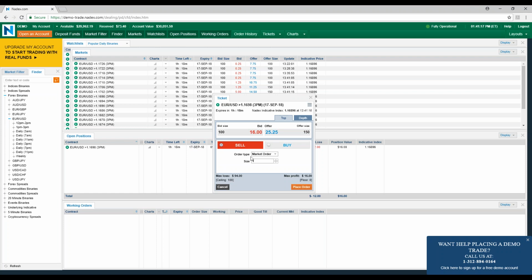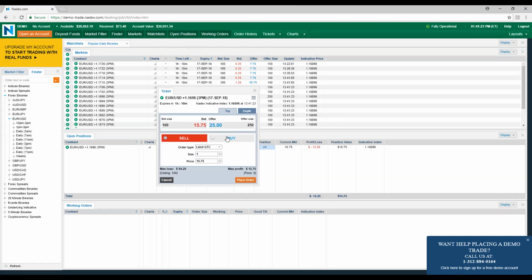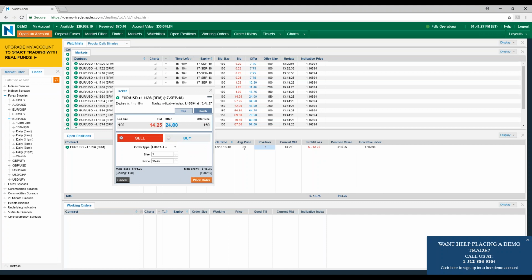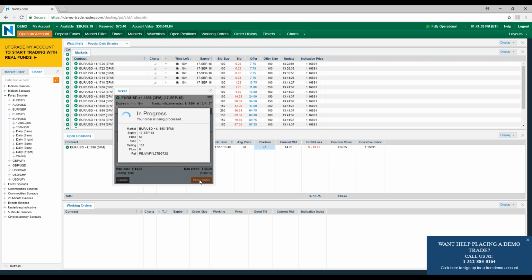Sell. Okay. What I can do is say, okay, a limit order, because I don't want to sell it until when? Well, if I bought it for 28 and I want to double my money, I want to sell it when it gets to 56, right? So I have a limit order at 56 and I press place order.